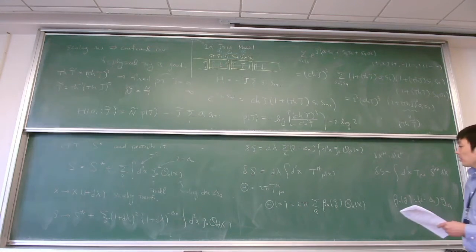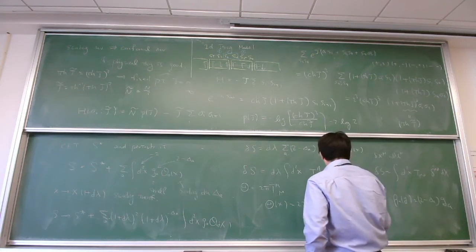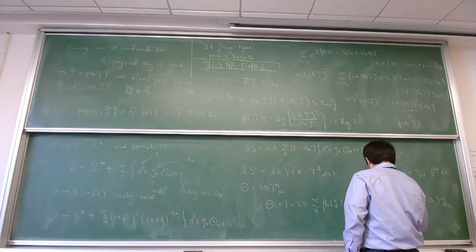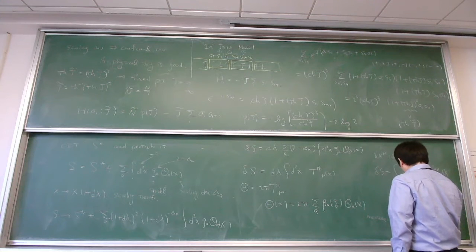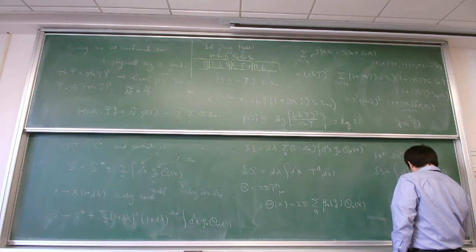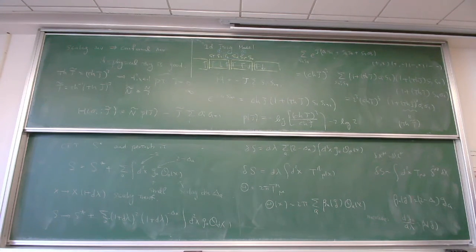So the beta function here actually measures how the coupling constant changes under scaling transformation like this.